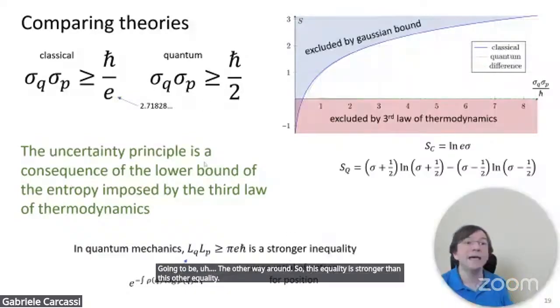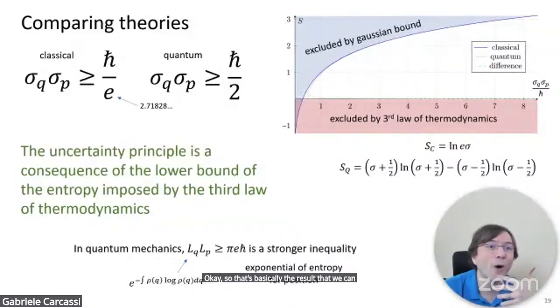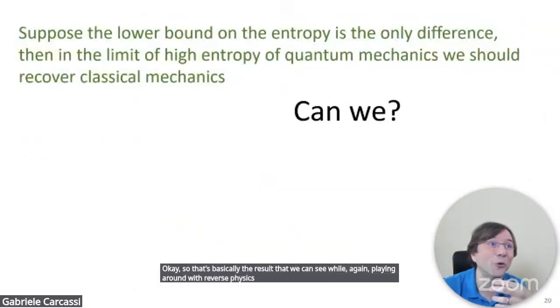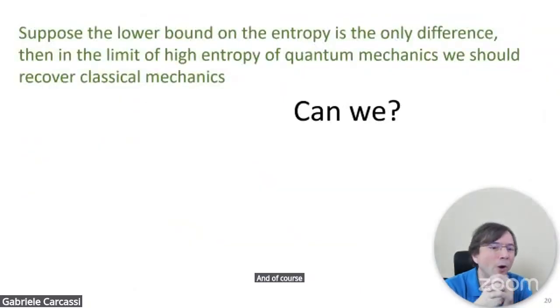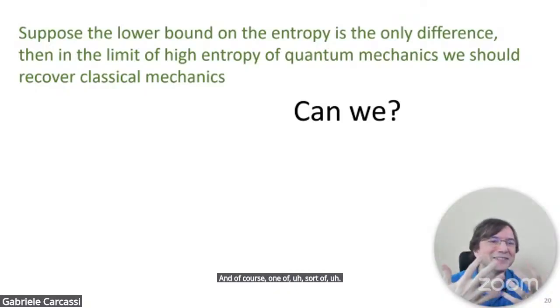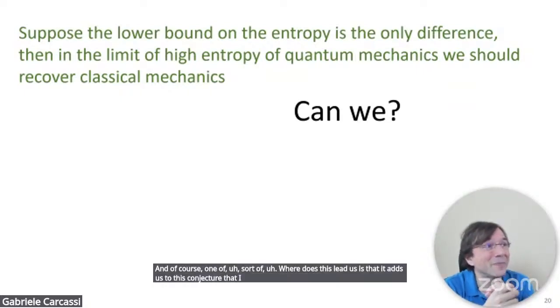Okay, so that's basically the result that we can see while playing around with reverse physics and trying to put all these ideas together. And of course, where does this lead us? It leads us to this conjecture that I had for a number of years. So suppose that the lower bound on the entropy is the only difference.